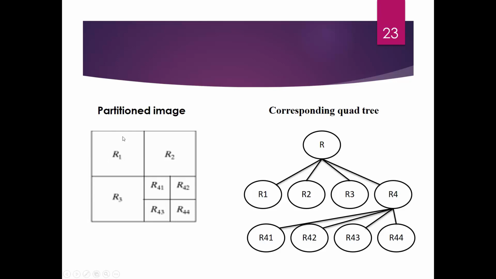That will similarly happen to R1, R2 and R3 also. So now R4 has been divided into R41, R42, R43 and R44. Now if R43 and R3 have the same predicate, then they are going to be merged. And if R43 and R44 do not have the same predicate, then they are not going to be merged.